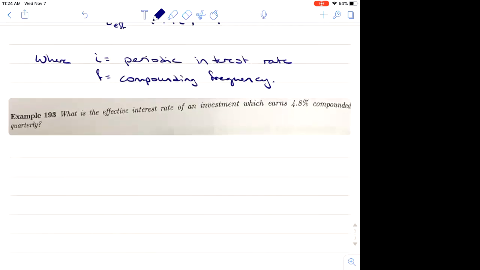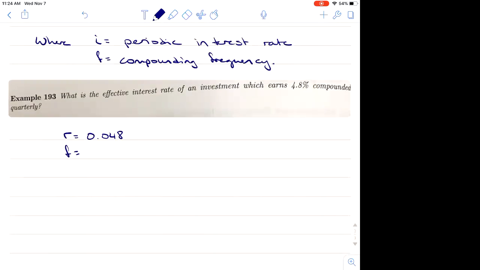So we've got R is 0.048. The compounding frequency is quarterly, so 4. We want to find the effective interest rate.